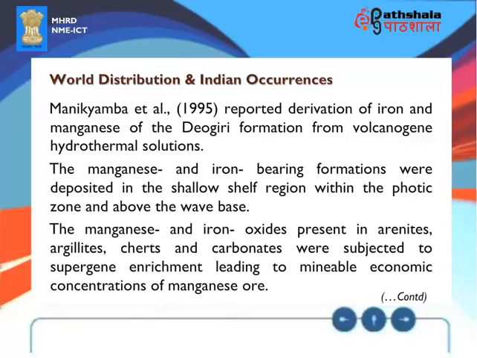The manganese and iron-bearing formations were deposited in the shallow shelf region within the photic zone and above the wave base. The manganese and iron oxides present in the arenites, argillites, cherts, and carbonates were subjected to supergene enrichment, leading to mineable economic concentrations of manganese ore.